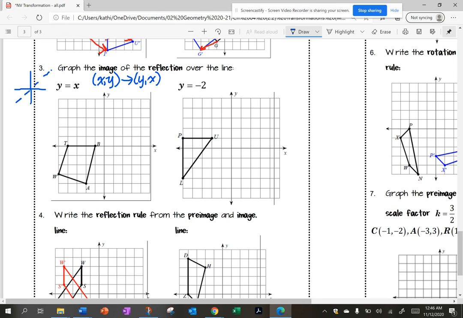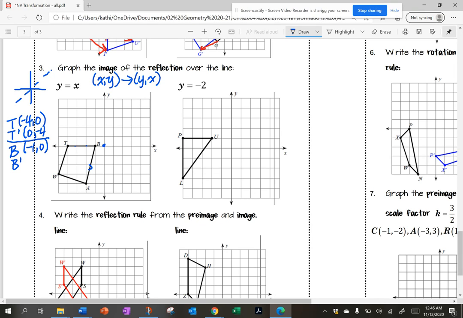So T is at, here's the origin. So 1, 2, 3, 4. So minus 4, 0. So T prime is at 0, negative 4. Okay, B is at negative 1, 0.